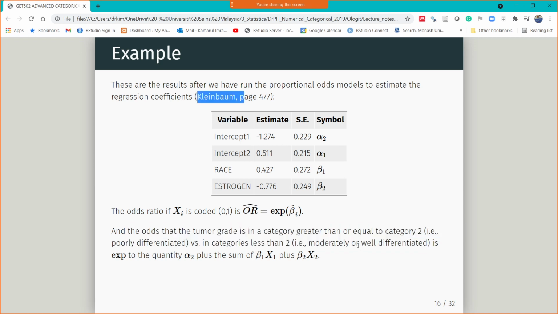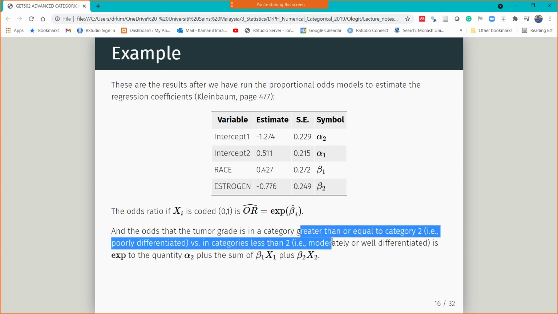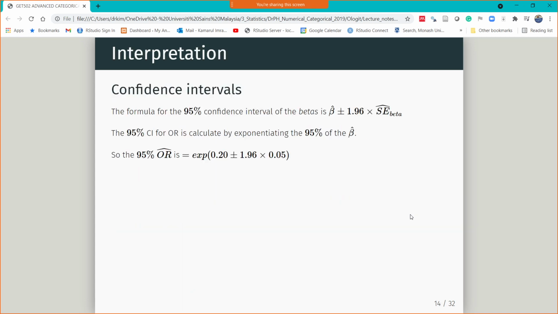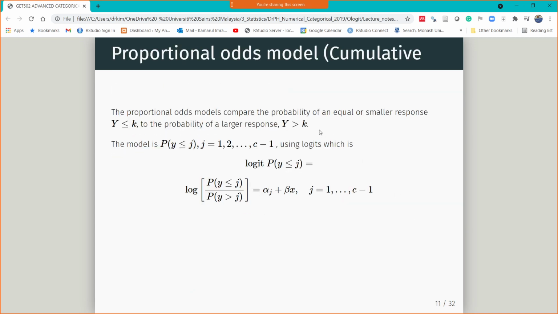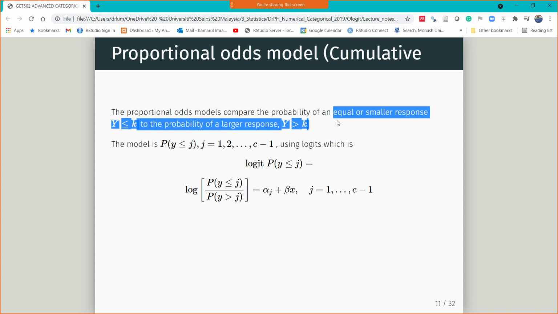So from here we can see that Kleinbaum uses the greater versus lower category, whereas Hosmer uses equal or smaller versus larger response.